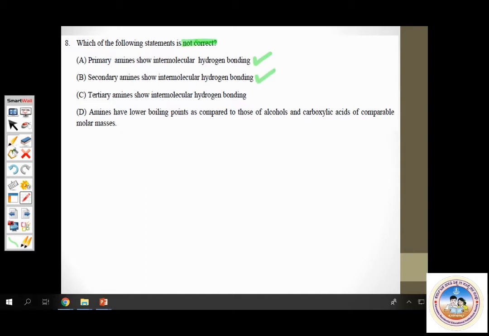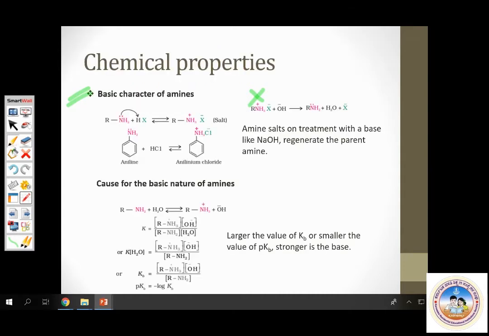Tertiary amines show intermolecular hydrogen bonding is false. Hence, this becomes our correct answer. This is the correct answer, but that statement is false. Tertiary amines do not form intermolecular hydrogen bonding. Okay, yes.